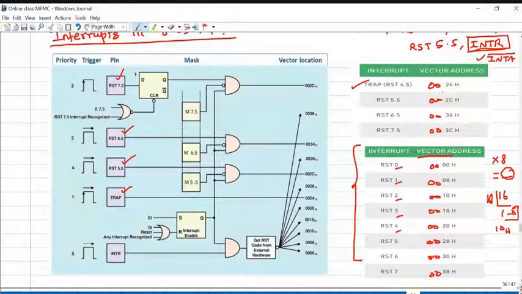Whenever trap is activated, the processor will start executing the information available from location 0024 onwards. Whenever RST 5.5 is executed, the processor transfers the program flow to address location 2C. For 6.5, 34. For 7.5, 3C. Each has a fixed address location. So this is called a vectored interrupt. The non-vectored interrupt is INTR.